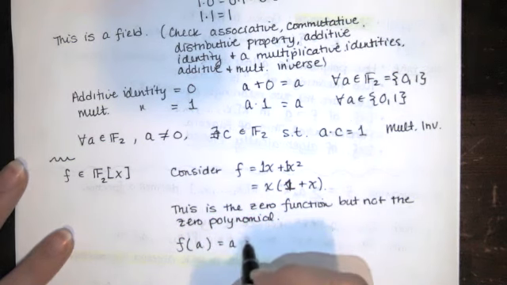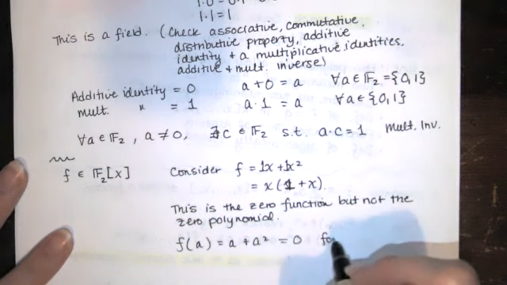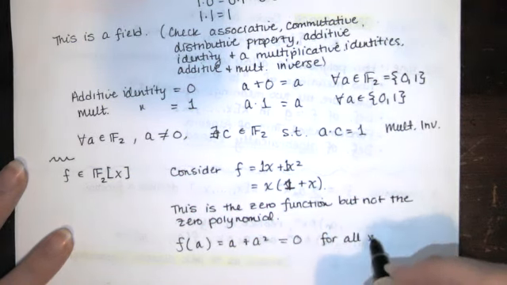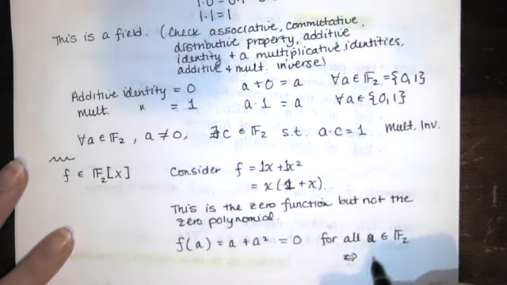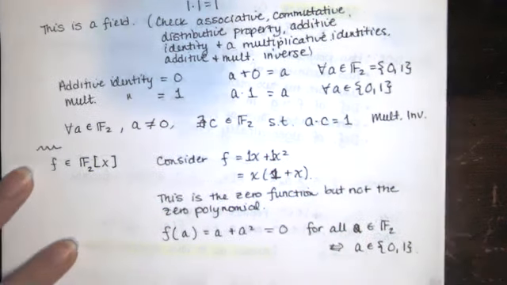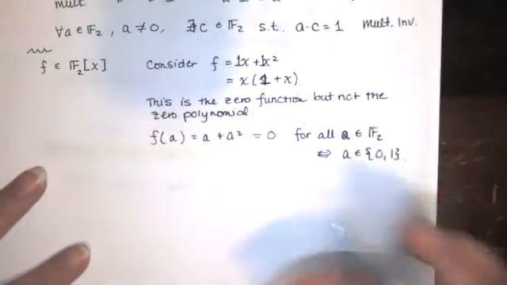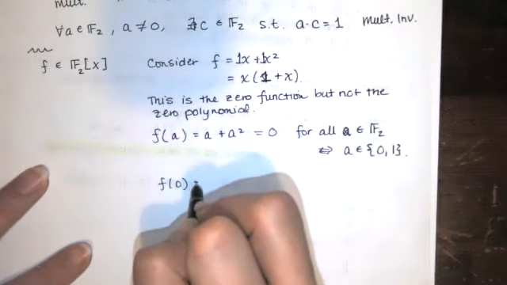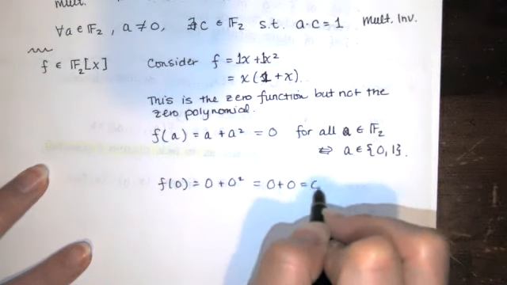So the claim is that a plus a squared is equal to 0 for all a in the set F2, or in other words, for all a in the set with elements 0 and 1. And if you're not sure, because it's such a short list, you can check it out. Just plug in 0. Of course, 0 plus 0 squared is 0 plus 0, which is 0.